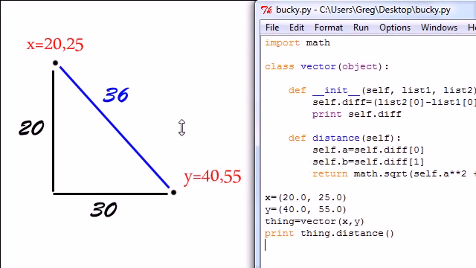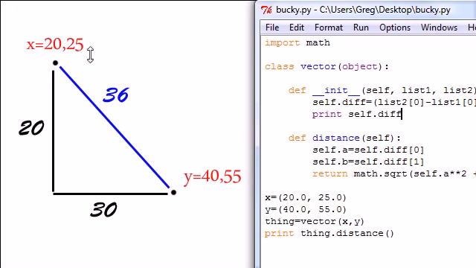So I'll review what we did so far. The first thing we did is we built a coordinate at x, and that's this. We built it at 20, 25. The next thing we did is make a point at y, which was at 40, 55. The next thing we did in this initialization function is create a vector, or found out what the difference was between x and y.